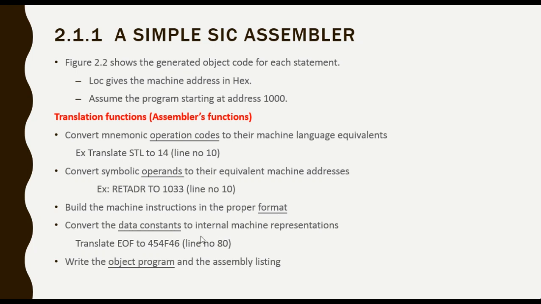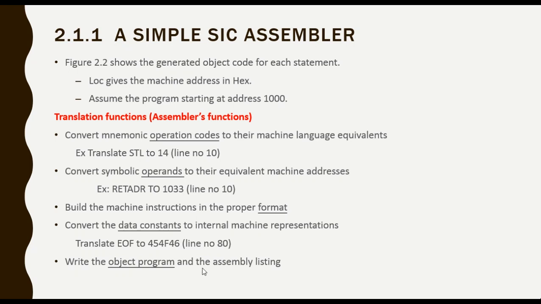Then convert data constants into internal machine representation. For example, if constants are declared in your program, they will be converted into machine representation. For example, in this program EOF is 454F46: E's hexa ASCII value is 45, O is 4F, and F is 46. The values are in hexa because addresses are in hexa.